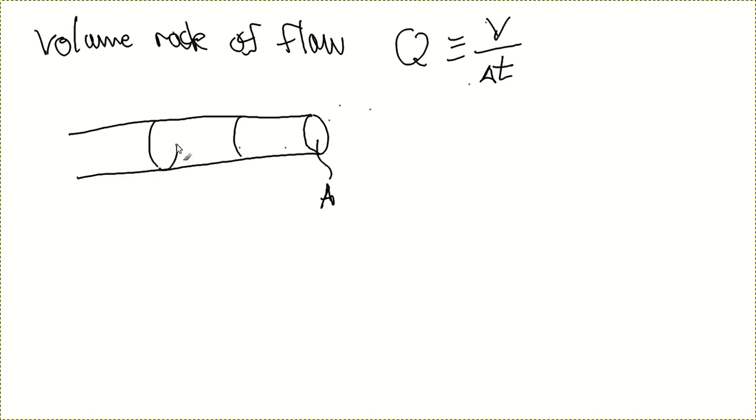Let's consider this cylindrical volume of fluid that I'm drawing here. And it's going to have some distance, some length. Let's call this delta x, just for a moment. And it's moving at some velocity, which is, of course, equal to delta x over delta t.